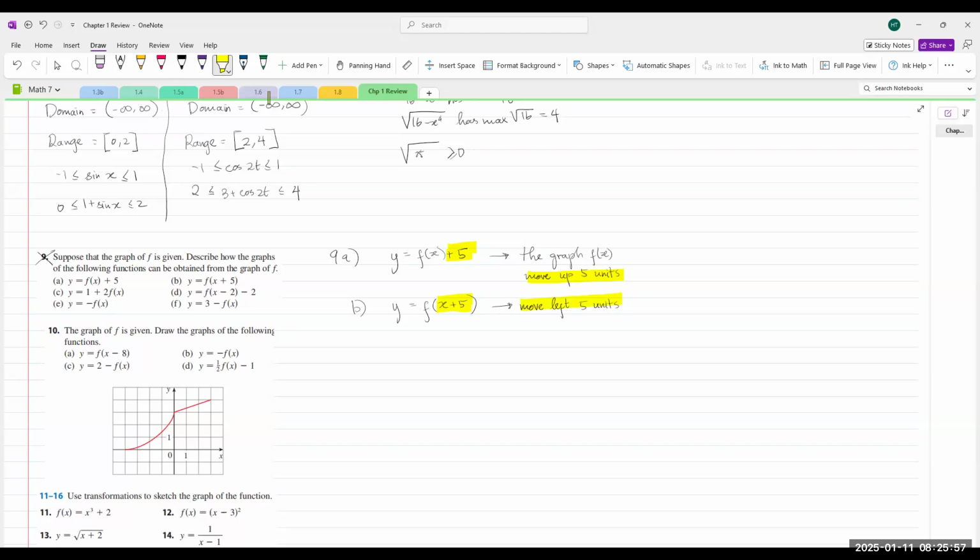We move to the left instead. Imagine this one: suppose you have x squared and then you replace x by x plus 5, what will that be?